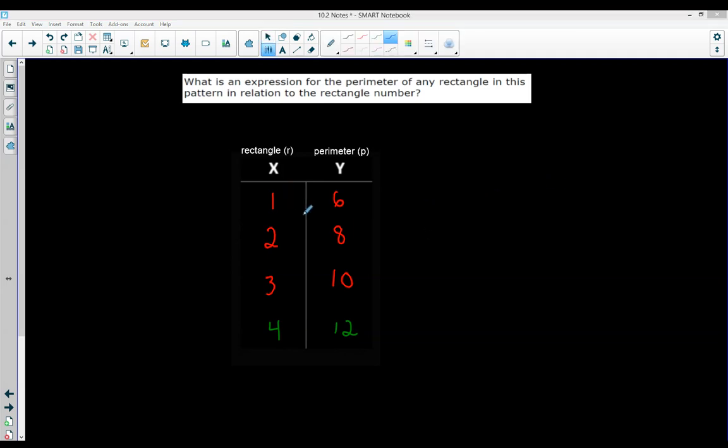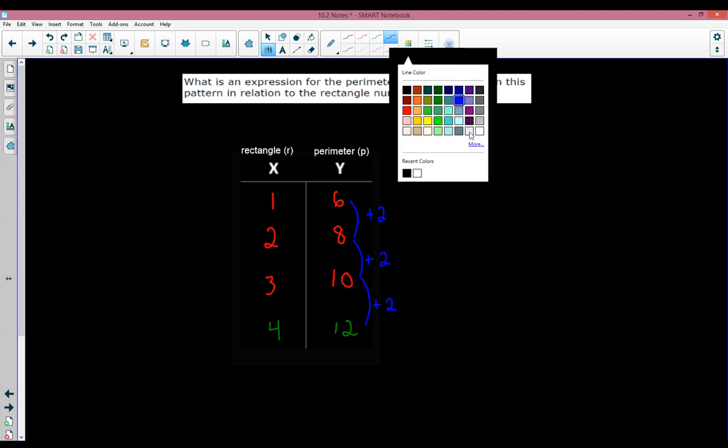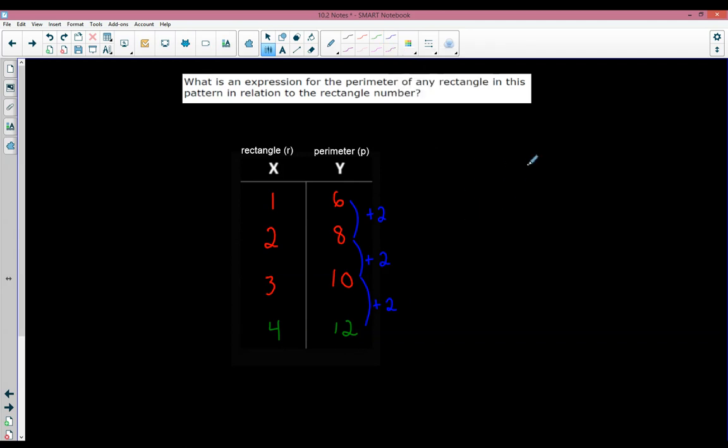So what we're going to do, and we saw it on the previous page, is look at what the skip count is. Each time there was an increasing pattern, in this case, of +2. Let me let you in on a little secret: this +2 becomes your numerical coefficient. Your numerical coefficient, remember, is that which multiplies the variable.